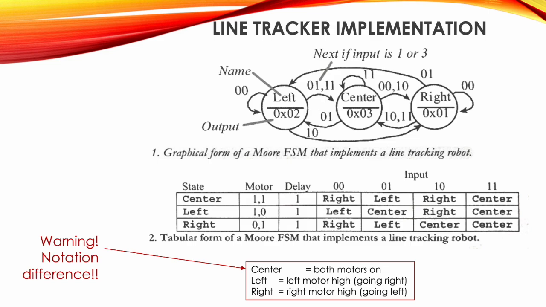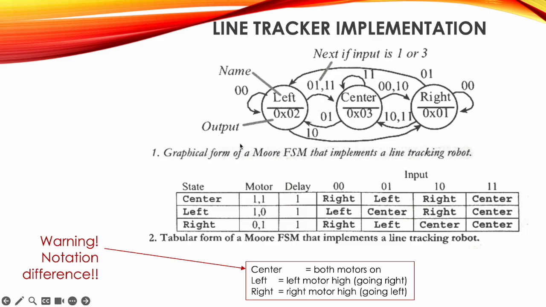That's very confusing, but if you look at it carefully, you can see that the state table, which is essentially a tabular form of that state transition graph, is identical to what we have already developed on the previous slides.